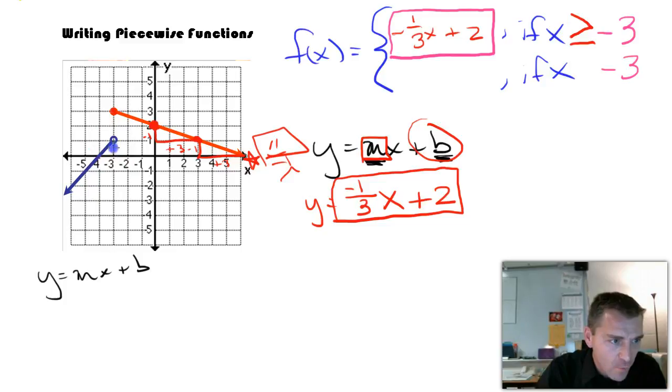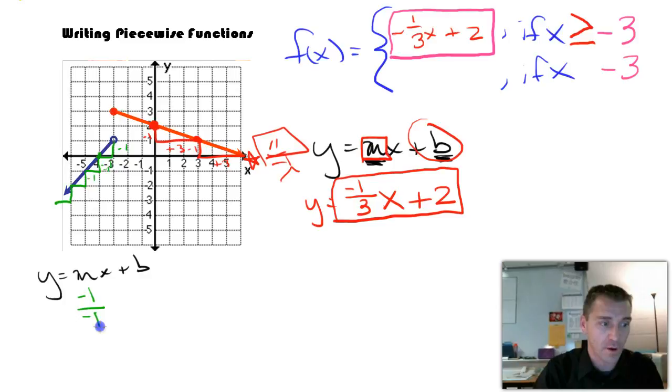I'm going to go down 1. It looks like it goes right through that point right there, and it does. So I'm going down 1, left 1. So that means I'm actually having a slope of down 1, left 1.